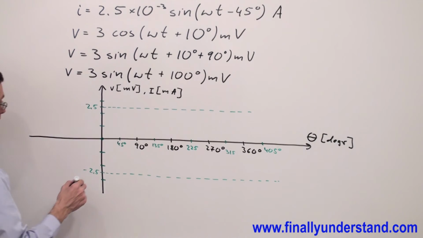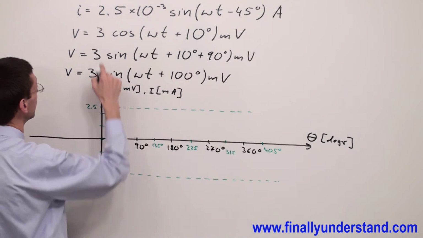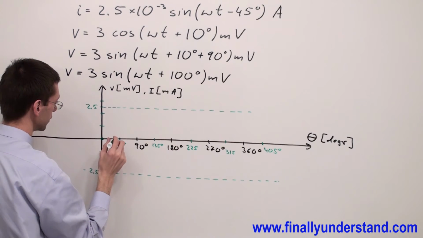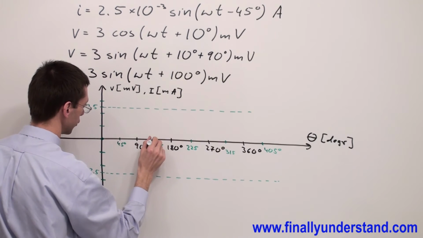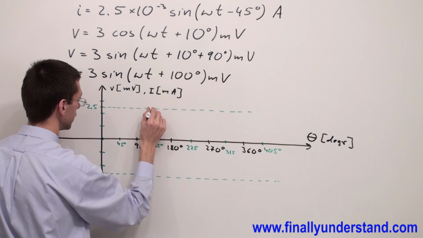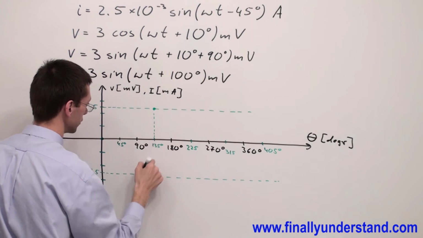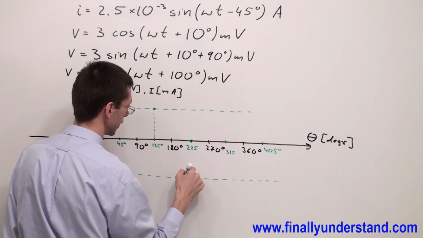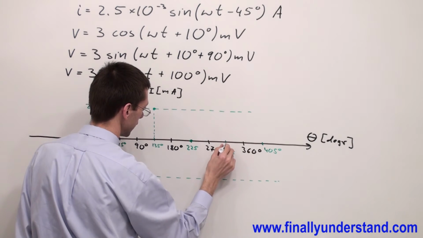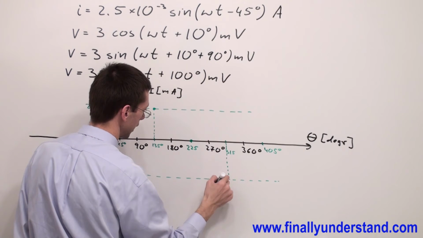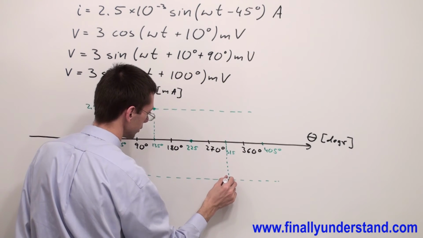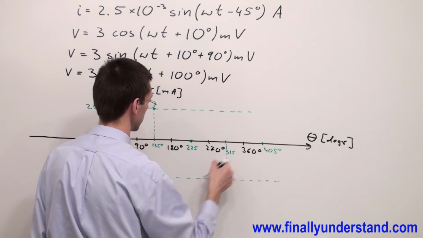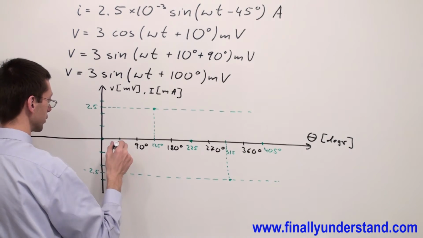Next, you're supposed to realize that we have positive value of current. That's why I'm going to start from the positive half a cycle, and I'm going to have positive peak at angle 135 degrees. I'm going to have negative going zero crossing at 225, and I'm going to have negative peak at 315 degrees and positive going zero crossing at 405 degrees.